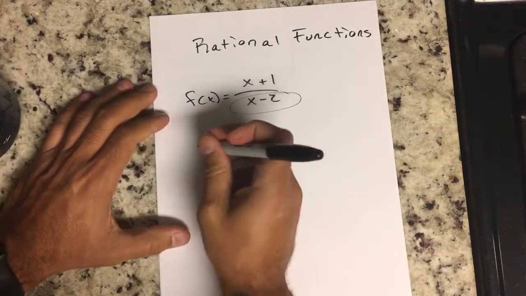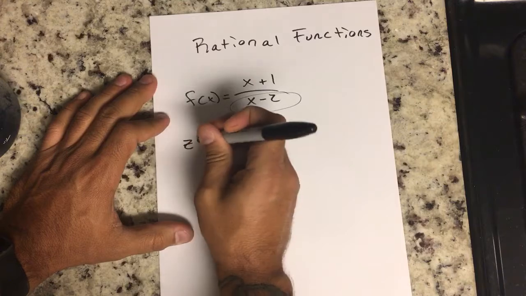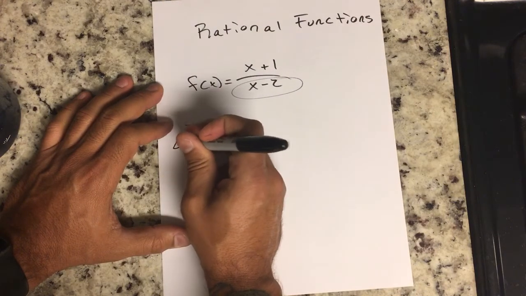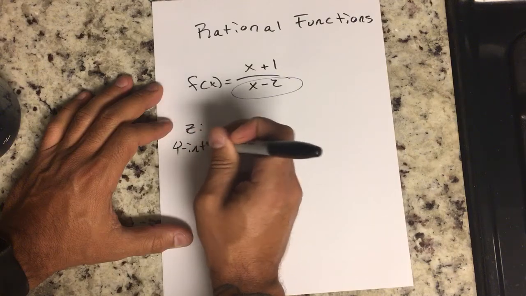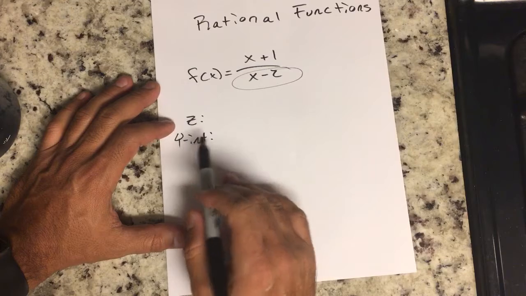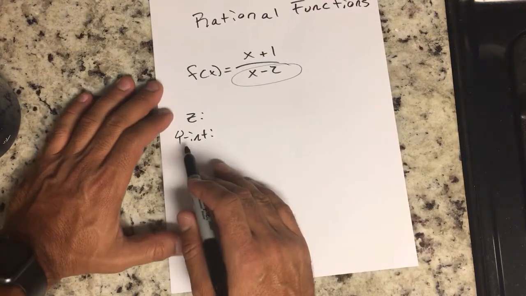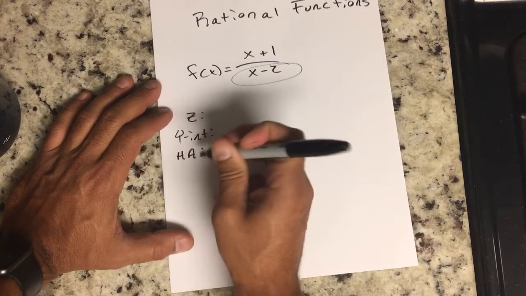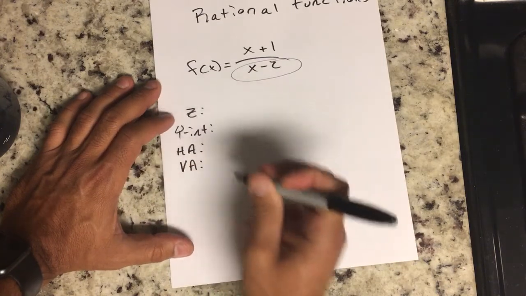find on here. So we're going to find the zeros. We're going to find the y-intercept. The zeros are the x-intercepts, so I'm not sure if I call them zeros or x-intercepts. We're going to find the y-intercepts. We're going to find the horizontal asymptotes. We're going to find the vertical asymptotes.